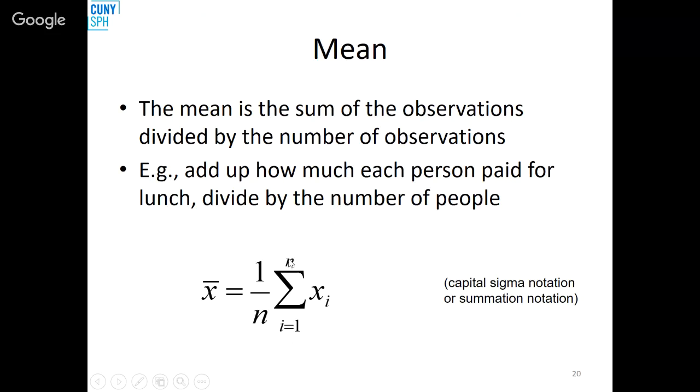So there are n measurements here, and then divide by n to get this value x bar, which is a mean estimated from a sample. Remember I said I would use Greek letters for things about the population. Because I'm writing it with a Roman letter and a bar, this is a property of a sample.